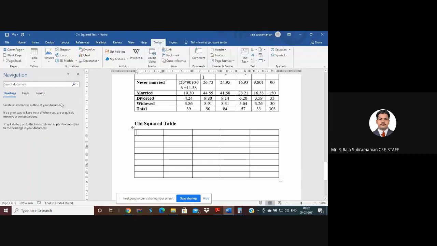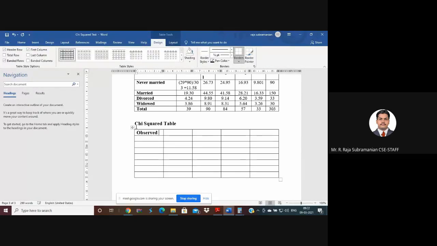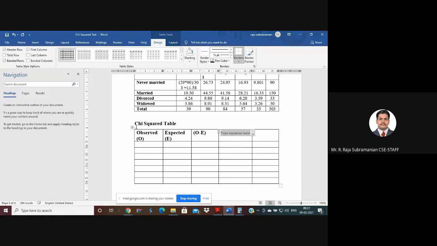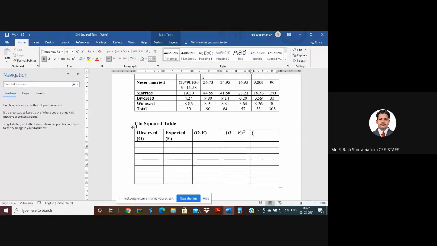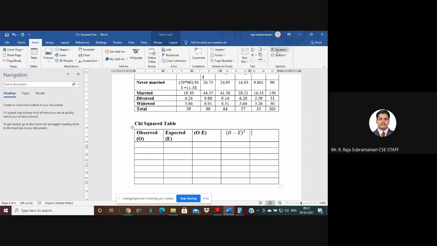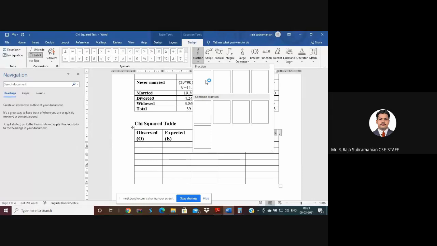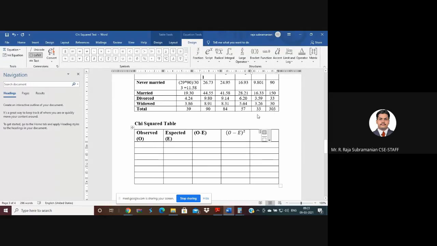So this is observed, O, then E, then O minus E, then O minus E the whole square, and this will be O minus E the whole square divided by E. Now we got that.